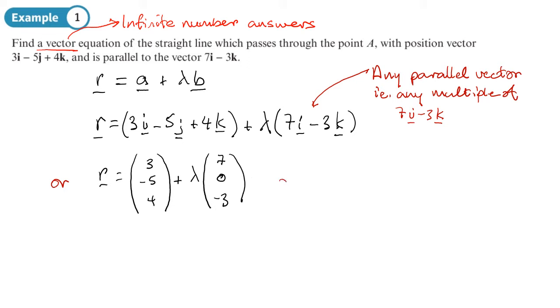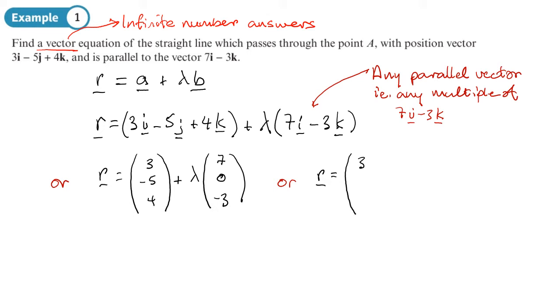Or what I could do is that those two vectors can be put together. So you have 3 plus 7 lambda, negative 5 plus 0 lambda, or just negative 5, and 4 minus 3 lambda. So another way of writing our answer is like this, by putting them together.